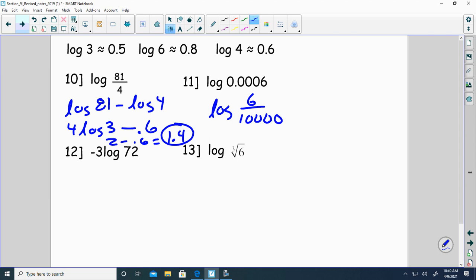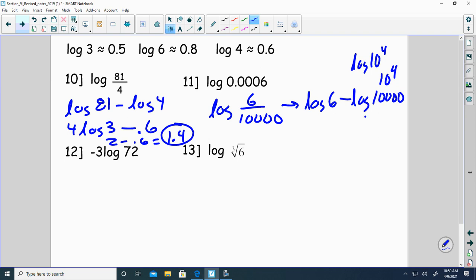Oh, boy. I know that this is going to be log 6 minus log of 10,000. 10,000 is 10 to the 4th power. So what would log base 10 of 10 to the 4th simplify to? Nope, no log 10.